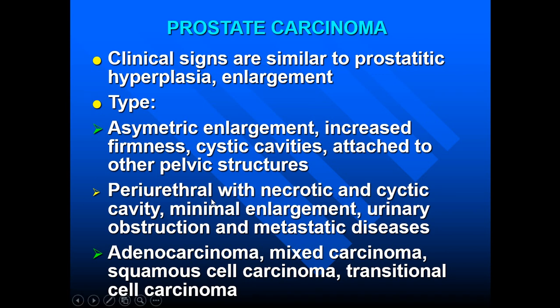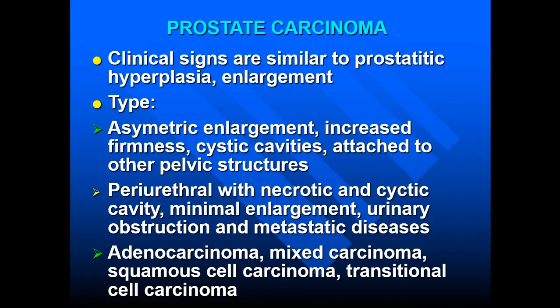It can be a periurethral necrosis, which means the necrosis occurs around the urethra, also causing urinary obstruction. In some cases, although it's very rare, it can metastasize to other sites. Because this is a malignant tumor, although it's not common, metastasis or spreading into distant tissue or distant organs can happen.